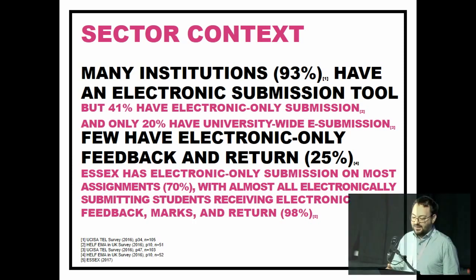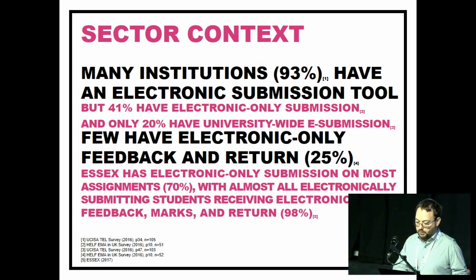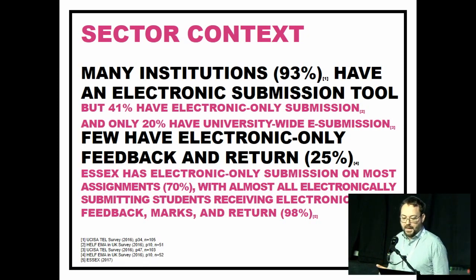The number who are actually using that university-wide, however, is a lot lower, and the number who are using that as their sole submission method is lower still. It's a similarly grim picture with electronic-only feedback and return.